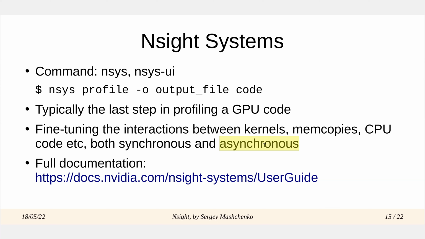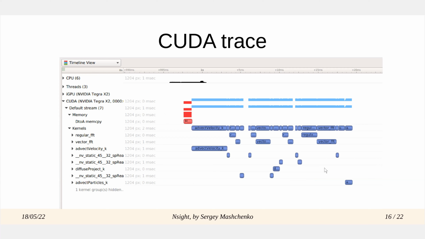You can run memcopy in parallel to a kernel. And that's one of the important tricks used in GPU codes to improve efficiency of the code. Again, I will not even scratch the surface in terms of feature description, so please check the full documentation for all the details.